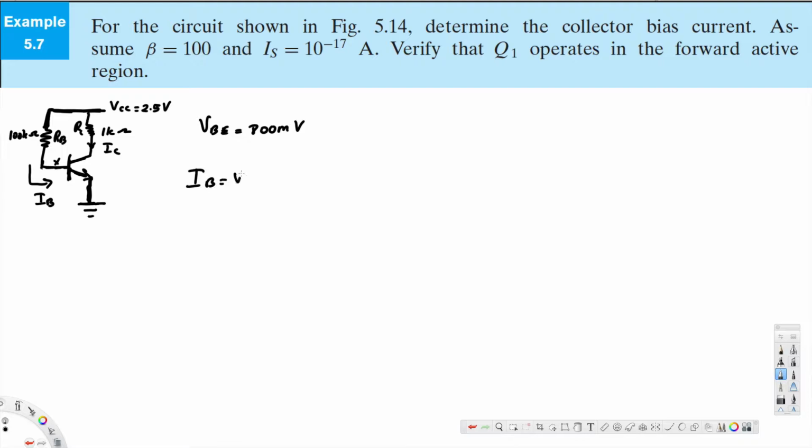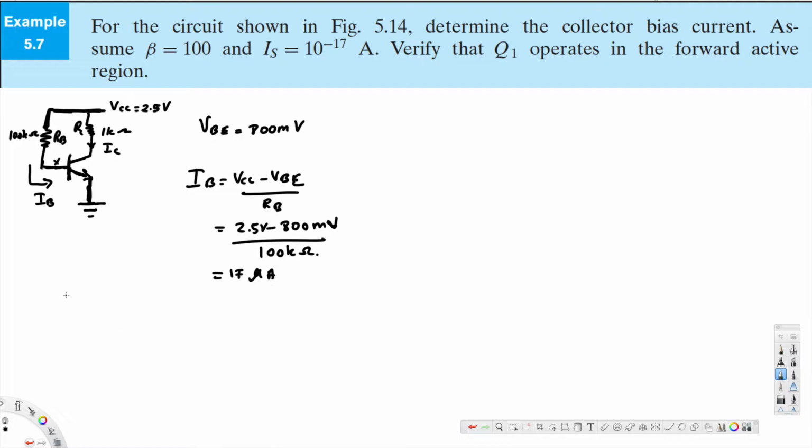IB is equal to VCC minus VBE divided by RB. VCC is already here, 2.5 volts minus 800 millivolts, divided by RB, that is 100 kilo ohm, and that gives us 17 microampere.